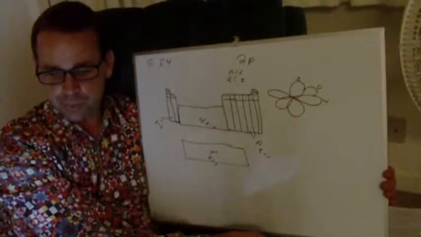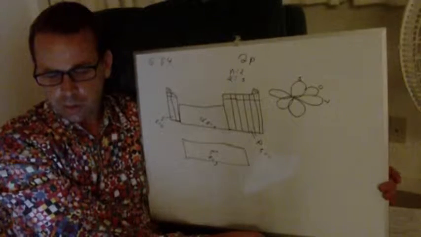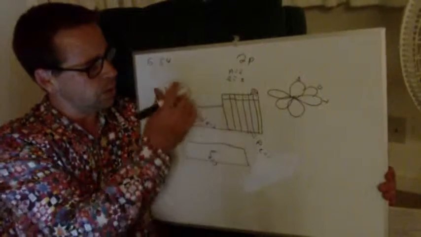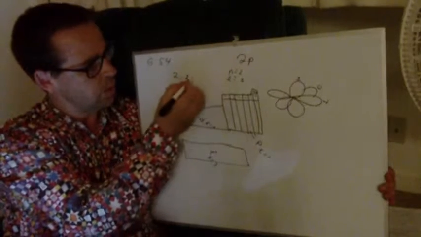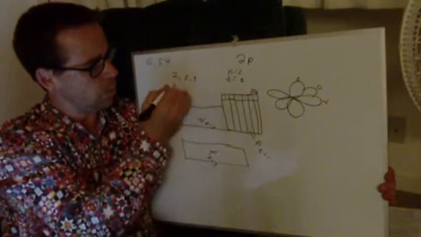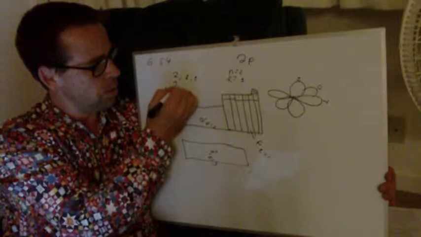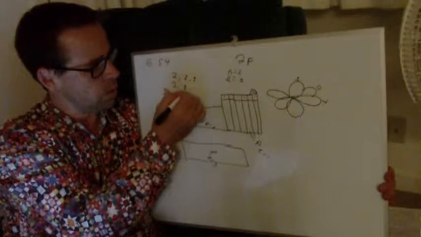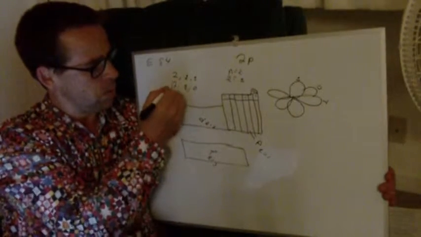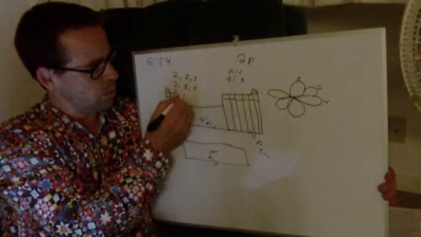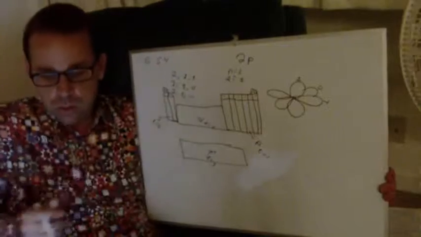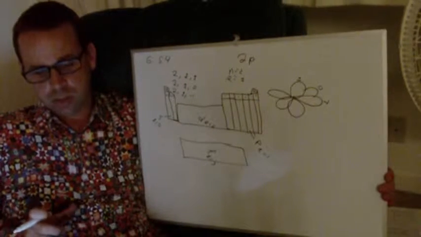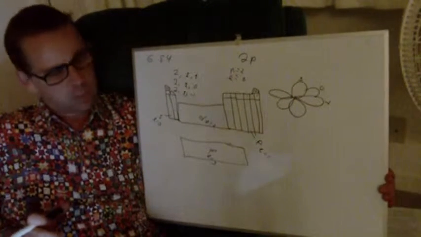So the possibilities are going to be n equals 2, l equals 1, m sub l equals 1; n equals 2, l equals 1, m sub l equals 0; and the last one would be n equals 2, l equals 1, m sub l equals negative 1. So those are the three possible sets of n, l, and m sub l.